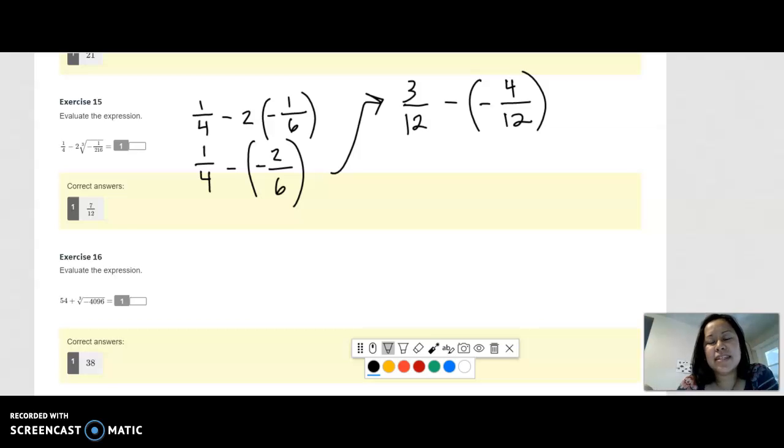Remember, when you're subtracting a negative, you're simply adding a positive. So this turns into a big plus sign here, right? You might want to review subtracting negatives if you're confused on that part. You can find any video on YouTube on subtracting negative numbers. And then finally, you're going to get 7/12.